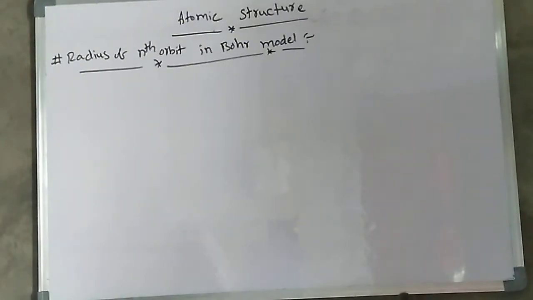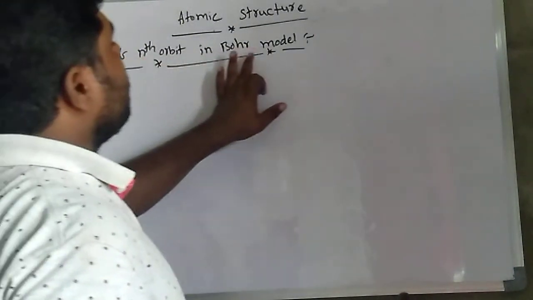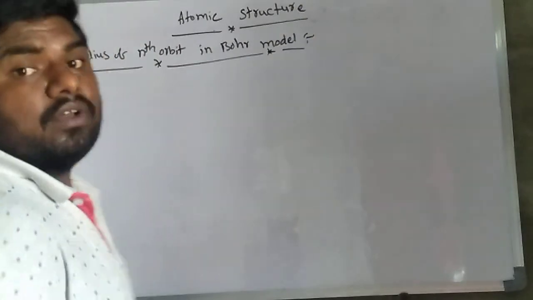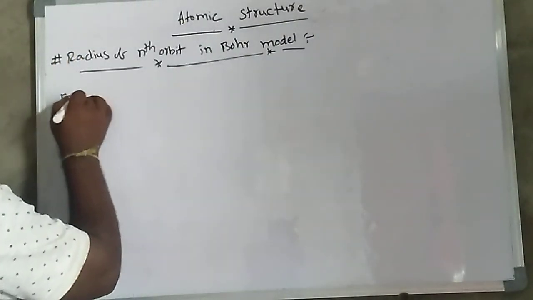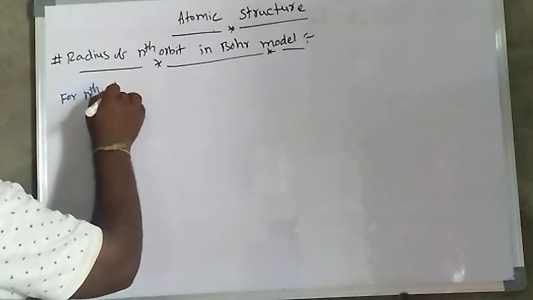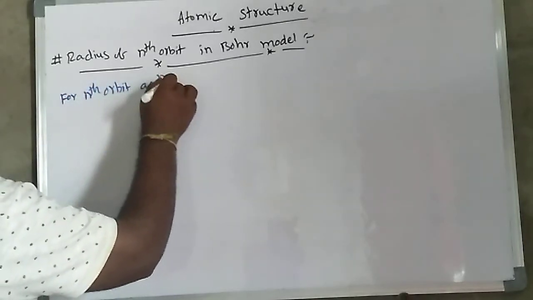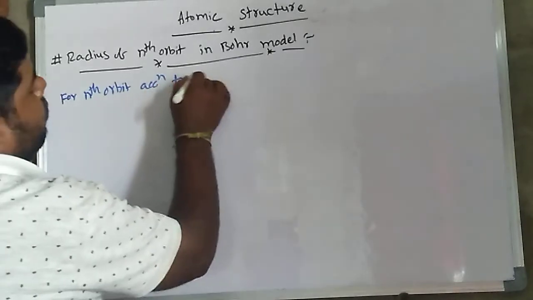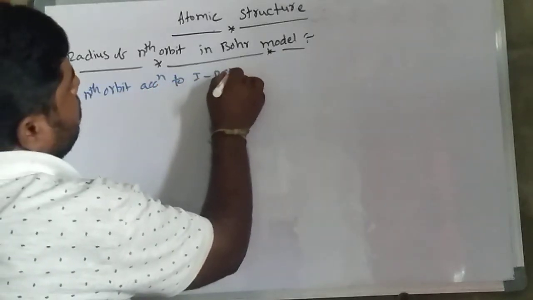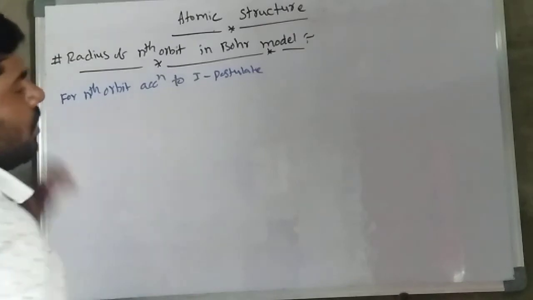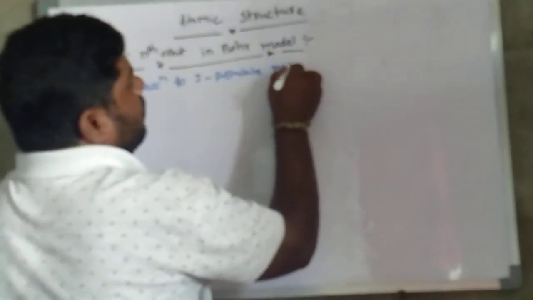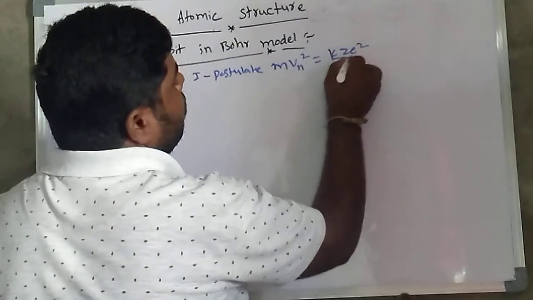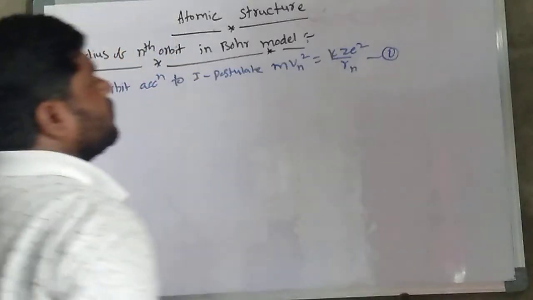Another important topic: the radius of the nth orbit in Bohr's model. For the nth orbit, according to the first postulate, m vn square equals k z e square divided by rn. This is equation number 2.